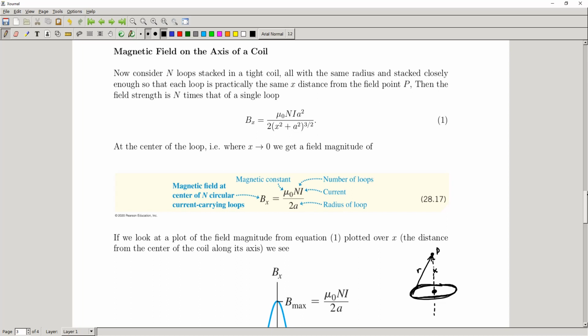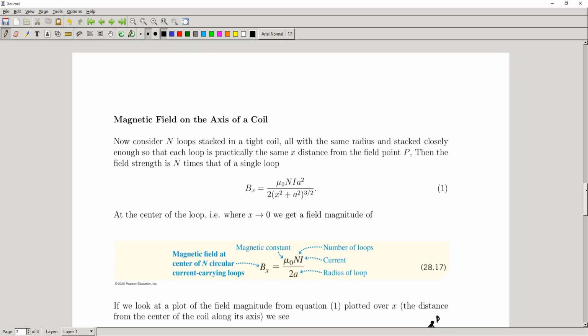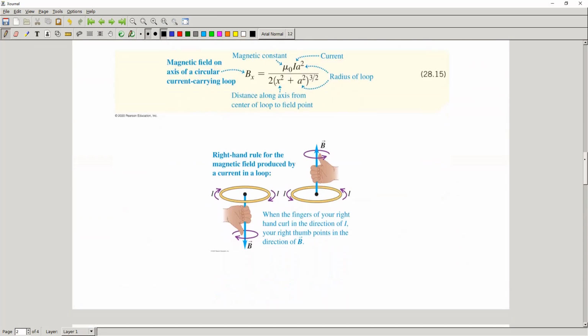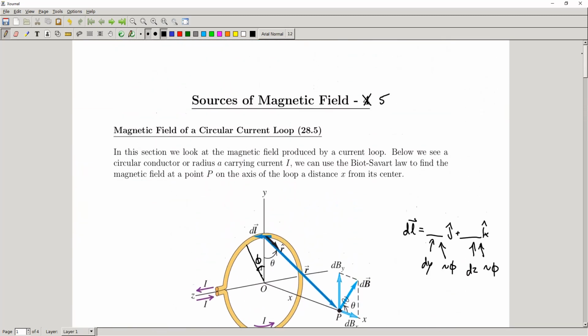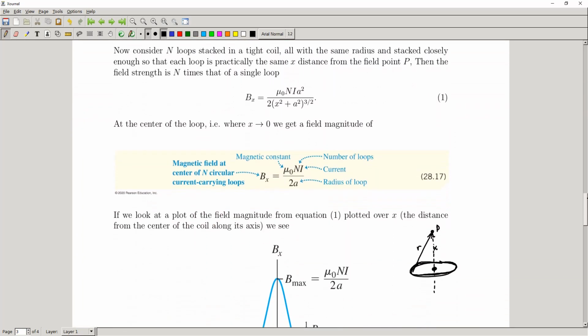Okay, so let's say we take equation 1 over here, where we've written down this expression for the magnetic field along the axis of n loops of current carrying wire.